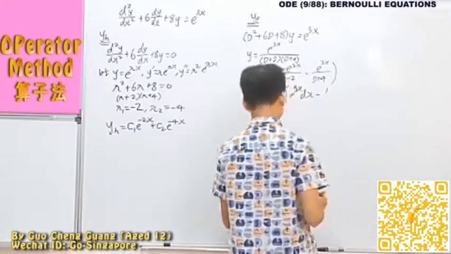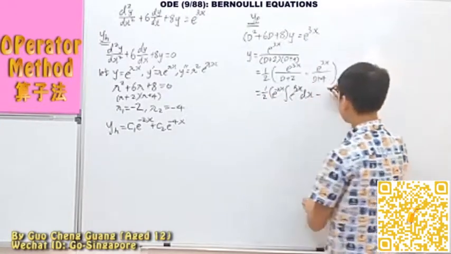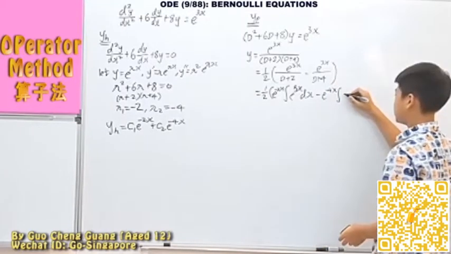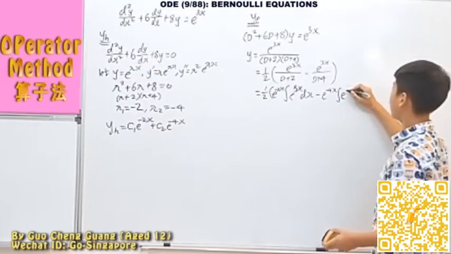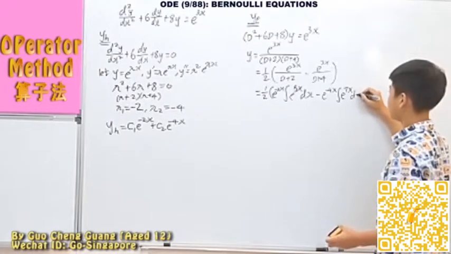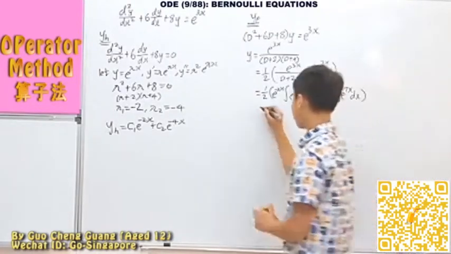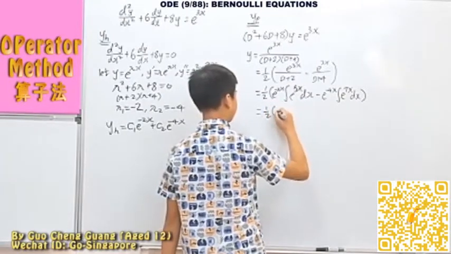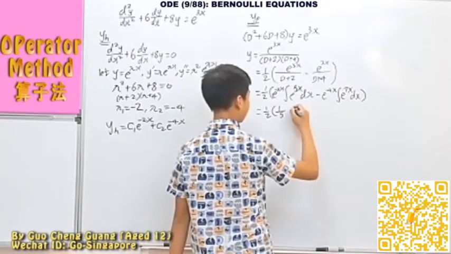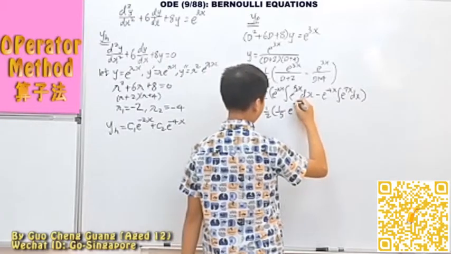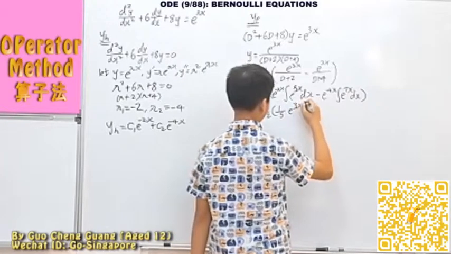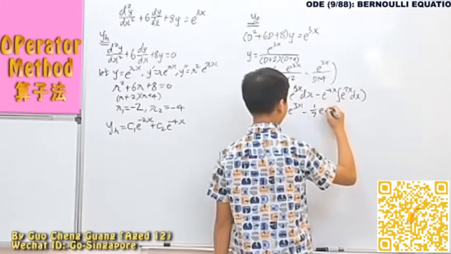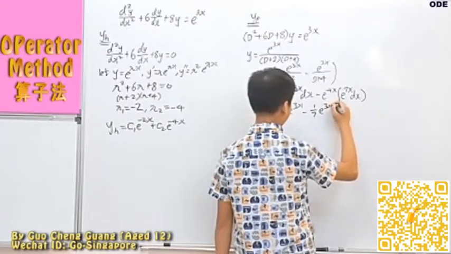Here you have e to the power of negative 4x, which then you integrate e to the power of 7x dx. Alright, so here you have 1 over 5 e to the power of, so at last it is still 3x. Then from here you have 1 over 7, which is still e to the power of 3x.